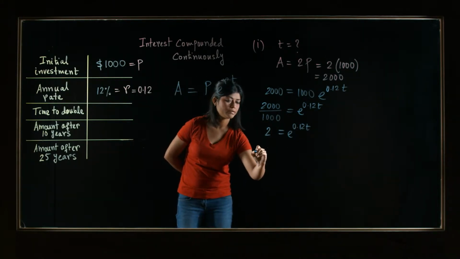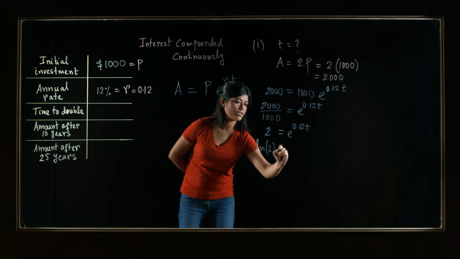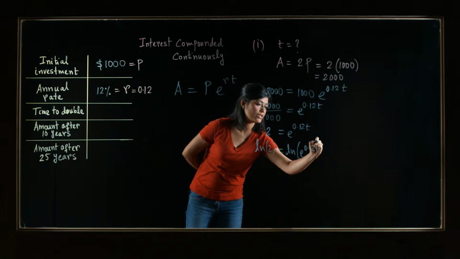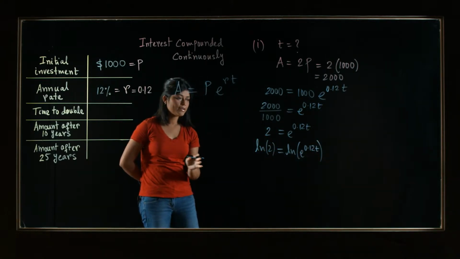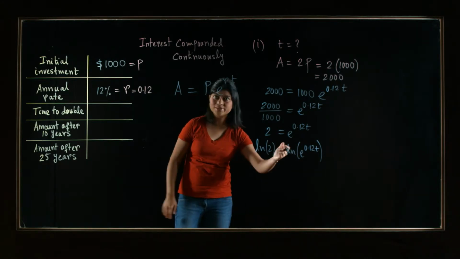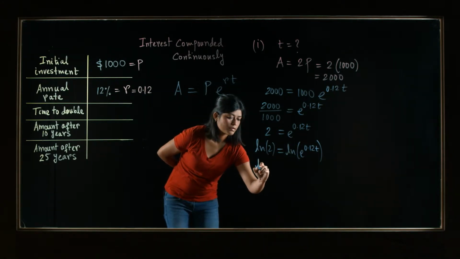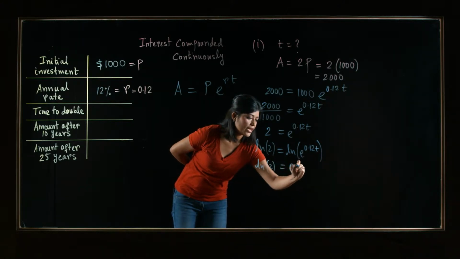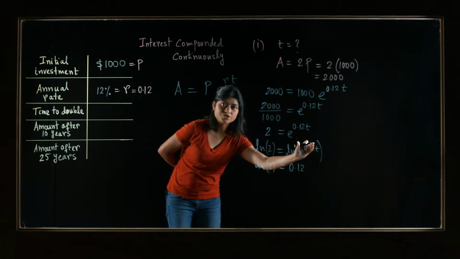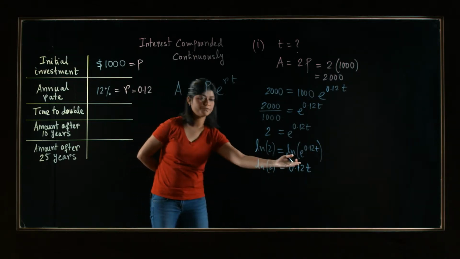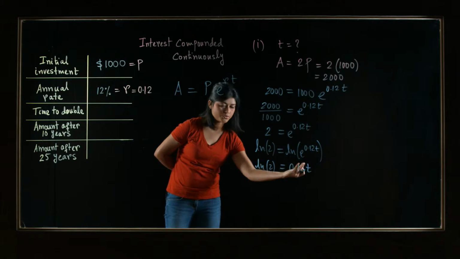So natural log of 2 is equal to natural log of e to the 0.12t. Also recall that natural log and exponential functions are inverse to each other, and so they cancel. So on the right hand side we will only have the expression in the exponent, 0.12t. And now if you divide by 0.12, you can evaluate t from there.